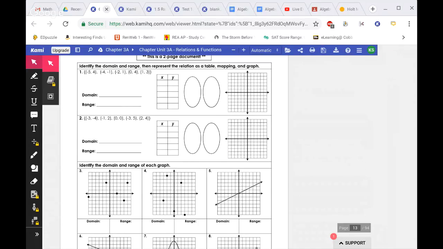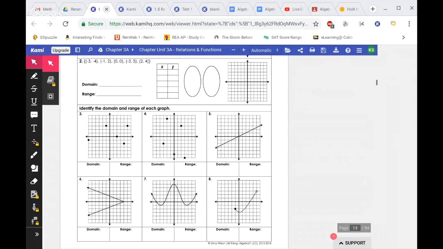So you did okay on number 1 and 2? Mm-hmm. Great. Okay. On number 3, and I didn't really talk about this in class. This is a discrete graph. And you'll notice on our notes, yesterday we spent a predominant amount of time in class going over the domain and range for continuous graphs.